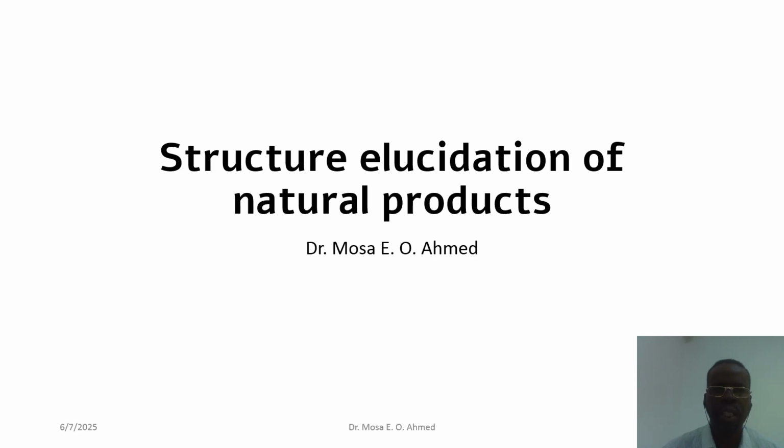The content of this lecture can be divided into two main parts. Part 1, we talk about the purification and preparation of the isolated compound for structural elucidation, and the second part is about the principle and application of these spectroscopic techniques, including IR, NMR, UV, and MS spectroscopy.